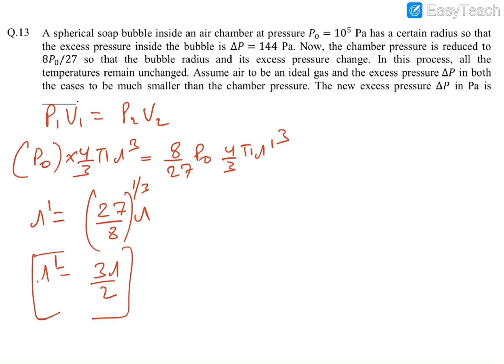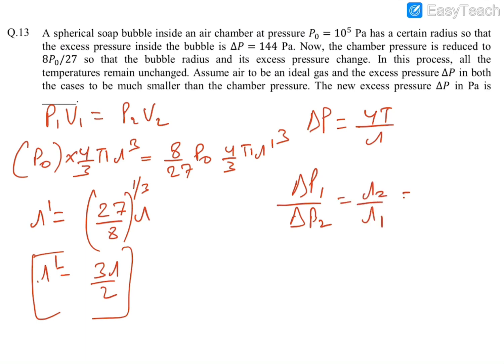Okay, so obviously we know that excess pressure delta P is 2T by R, or 4T by R inside the bubble. So delta P1 upon delta P2 will be equal to R2 by R1, and R2 by R1 is 3 by 2.